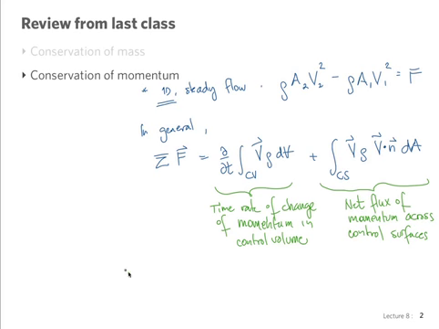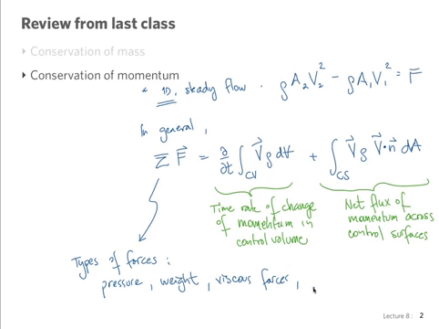The types of forces that we can have, we discussed also last class. The types of forces that this could include were pressure forces, the weight, viscous forces or forces due to shear stress, and also forces that are related to interaction with any bodies, any objects that are in contact with the flow.